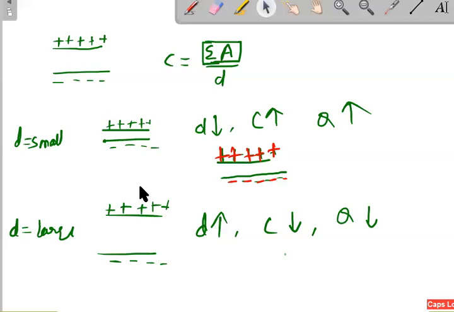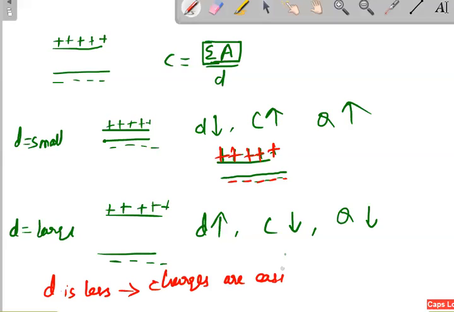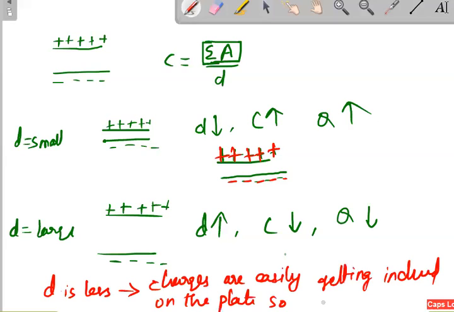That's why when d is less, charges can be induced on the plate more easily. Please note down very clearly: if d is less, charges are easily getting induced on the plate, so capacitance is high.